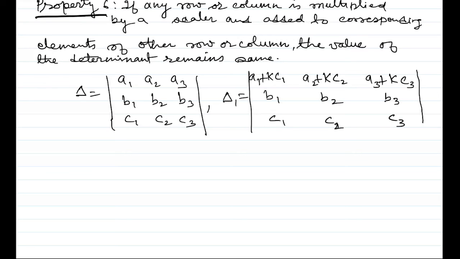Here on the left hand side we have a1 a2 a3, b1 b2 b3, c1 c2 c3, and on the right hand side we have another determinant in which two rows are identical, but the first row is written as the element of the first row plus k times the corresponding element of the third row. As per this property, the values of these two determinants should be the same. Now let us check.